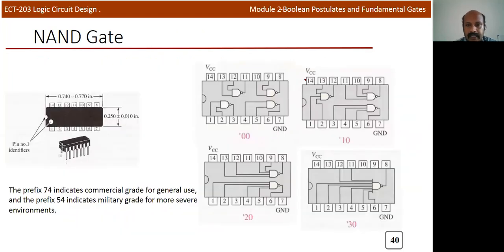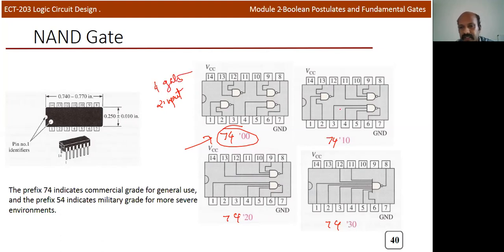And this is the practical IC we use to perform the NAND gate, and we can call it 7400, 7410, 7420, 7430. But very important, it's 7400. You can see that the series starts from 00. The first number is given for the NAND gate. Here you can see there are 2 inputs: a 2 input NAND gate, and it contains 4 gates.